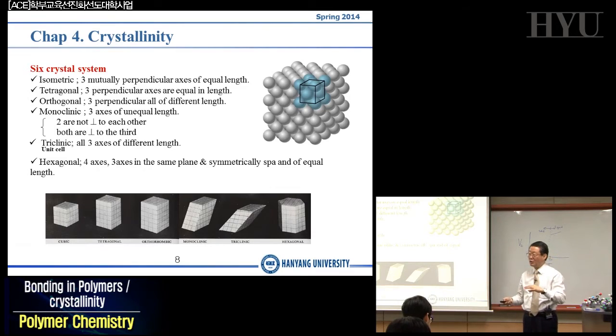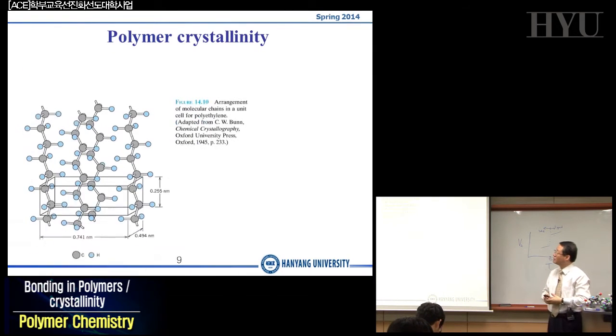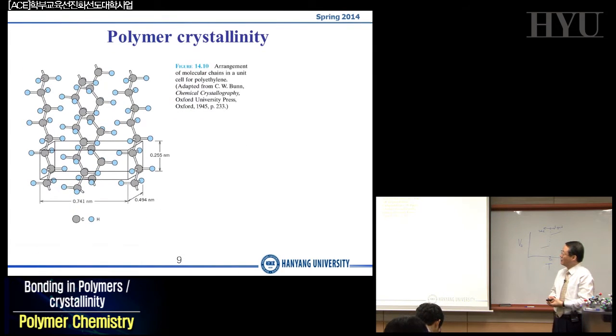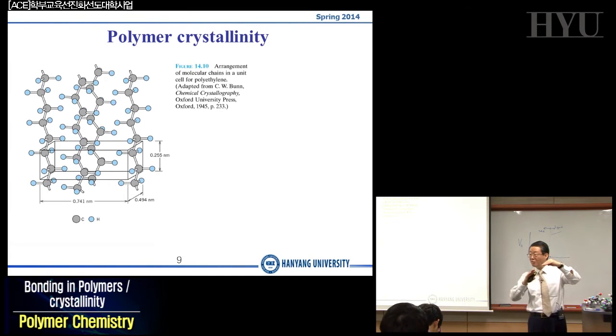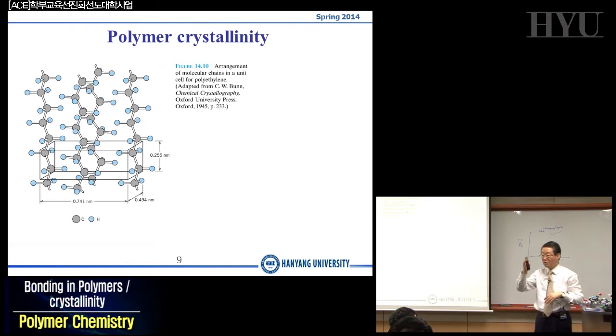In the next chapter, we have a structure here, which is polyethylene. You have a CH2 structure, a carbon structure. Of course, it's flexible. It's a rotatable structure if it's a single chain.